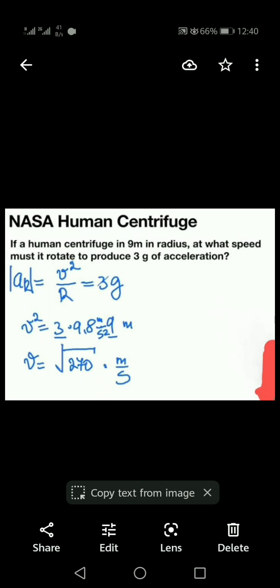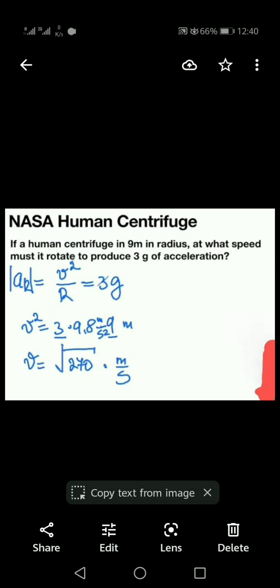We are looking for v, and for that matter we have to make v the subject. So you will get v squared is equal to radial acceleration times the radius. Now let's do the substitution. After that we see how best we can omit the square.